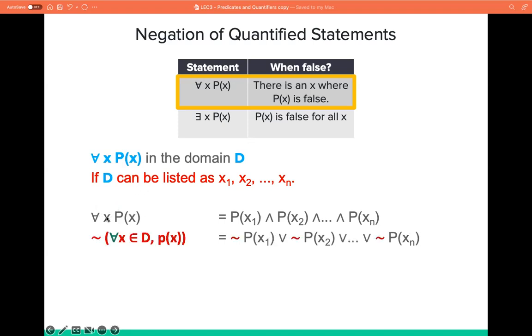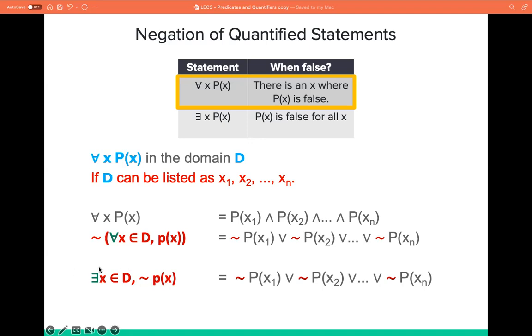So taking the negation of the universal quantification is equivalent to applying De Morgan's law. Applying De Morgan's law to this whole expression, we distribute the negation to each of the elements, and the connectives also become or. So consider also this statement: there exists x in D such that not P of x.